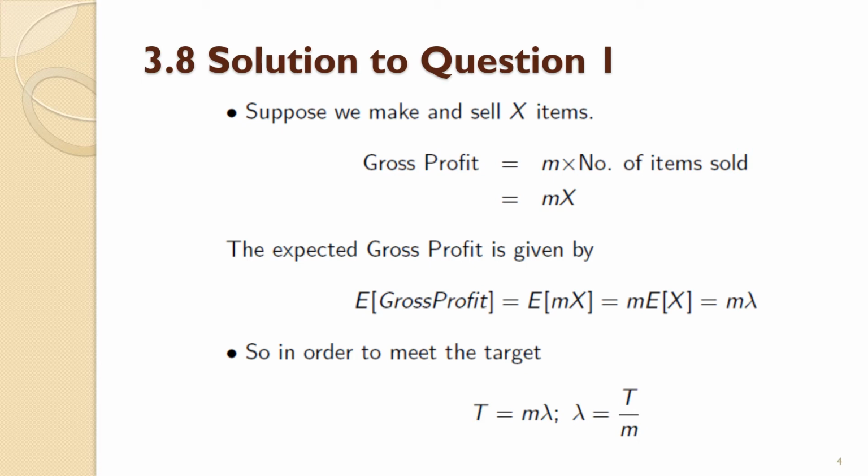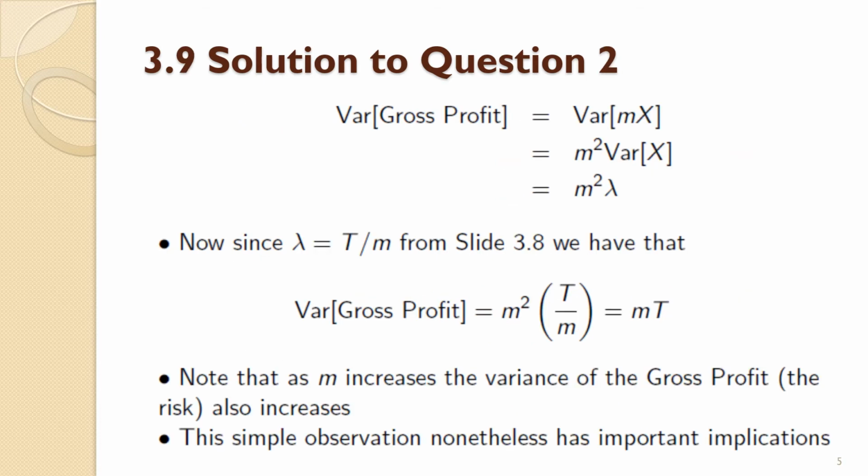Okay, so this means that if you want to hit this profit target, you need to construct T over M items. Alongside this, you want to calculate the variance of the gross profit. The gross profit is equal to M times X. The variance is quadratic, so the variance will become M squared times the variance of X, so M squared lambda.